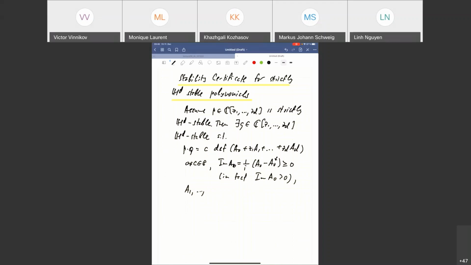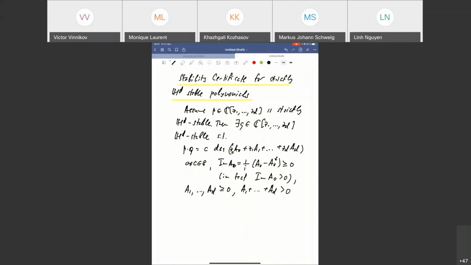A1 through AD are Hermitian matrices, which are non-negative, and their sum is strictly positive. Now, the point is that this is clearly a certificate for stability, because if a polynomial has such a representation with an extra factor, then if you take any z's in the upper half plane, what you have here will be a matrix with a strictly positive imaginary part.